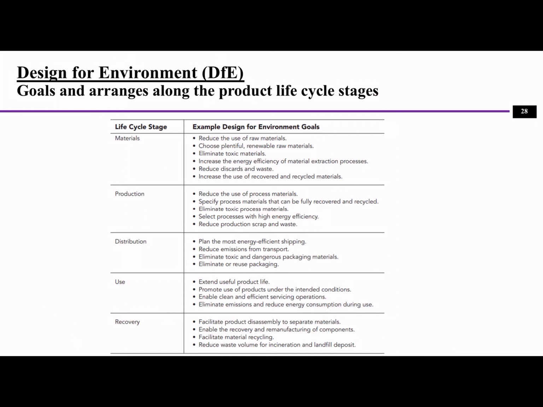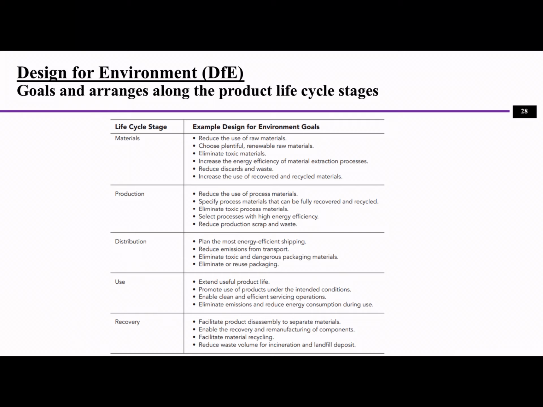Some of the guidelines for design for environment can be organized as goals and ranges. So for example, for the materials, you can reduce the use of raw materials, right? Instead of using a lot of material, think of where the components or parts are that you can reduce the use of it.